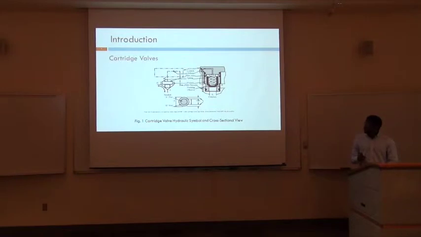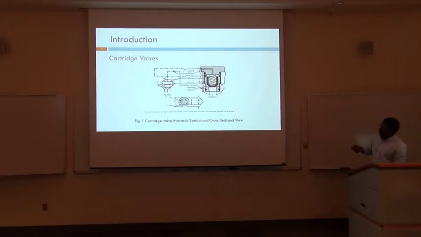Here's a cross-sectional cutout of a Cartridge valve, and this is a hydraulic symbol. We have an A port and a B port, and where the spring touches the rectangular portion, it's referred to as an AP port.